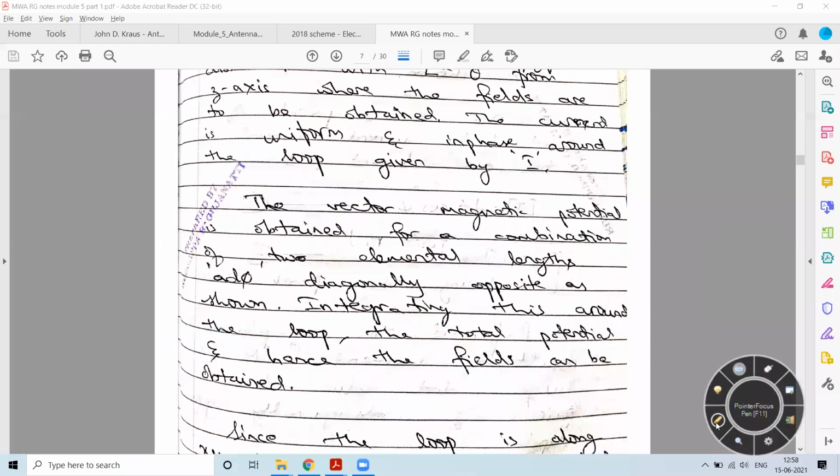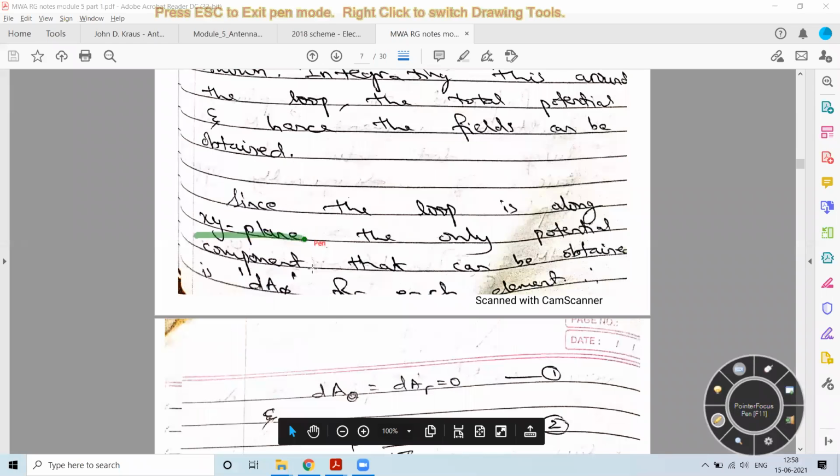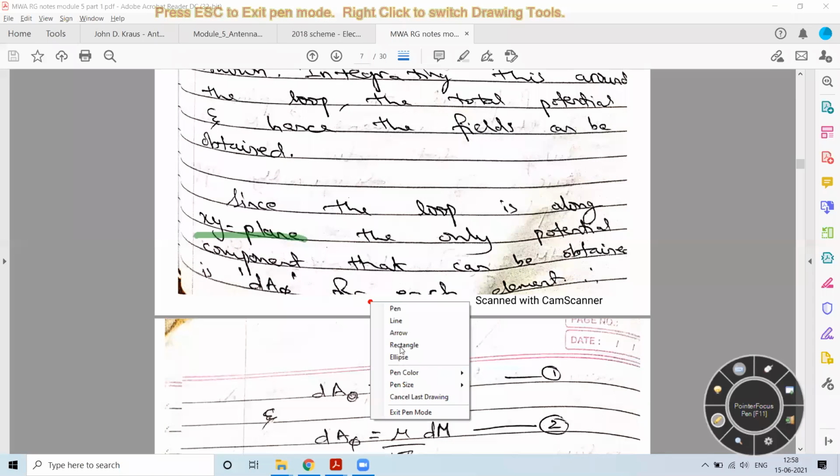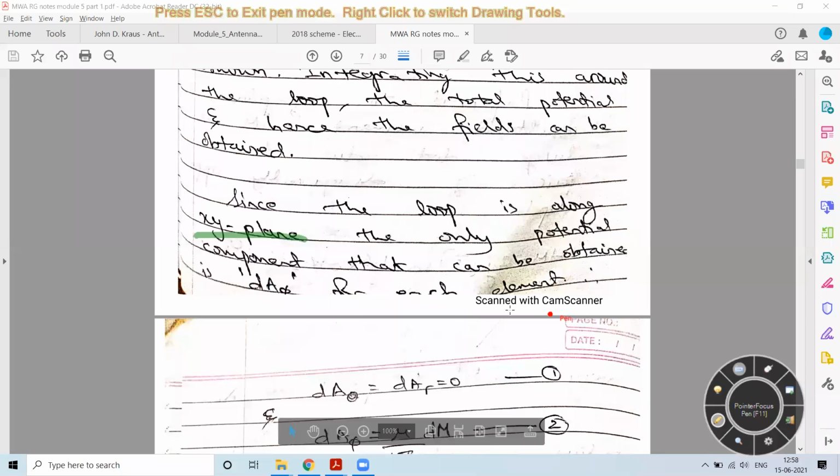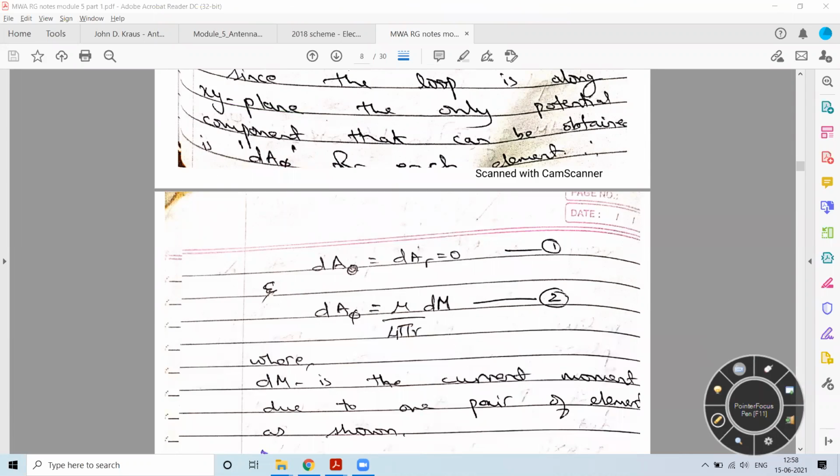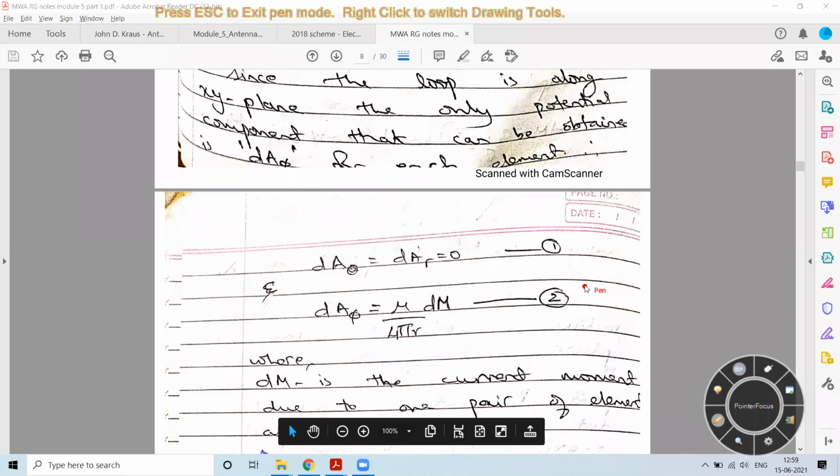So therefore, when we consider this orientation along the xy plane, we have only an elemental value along the phi direction for the retarded potential, and A represents the vector retarded potential.